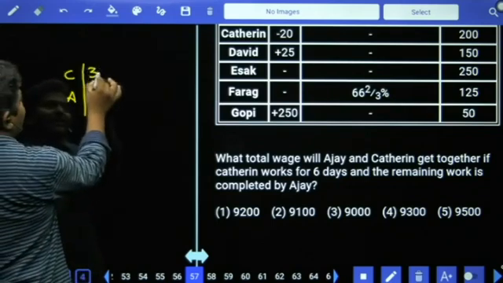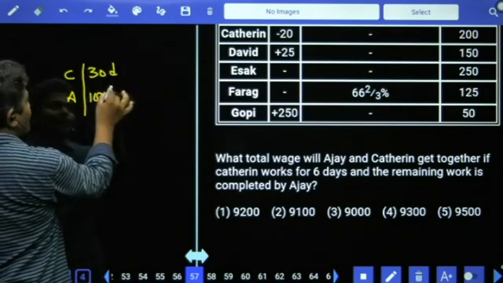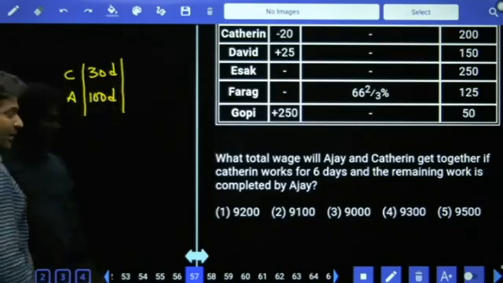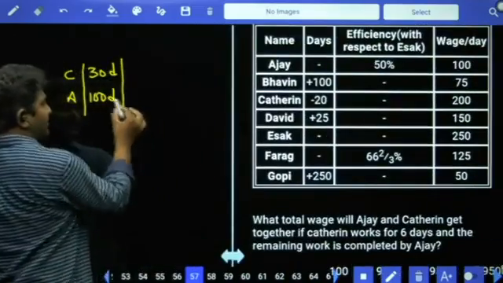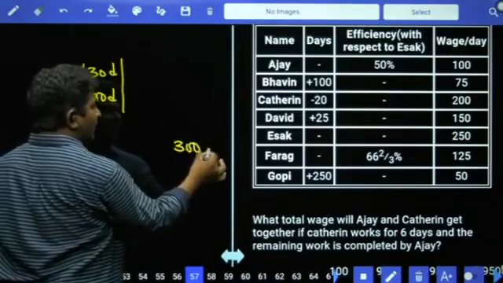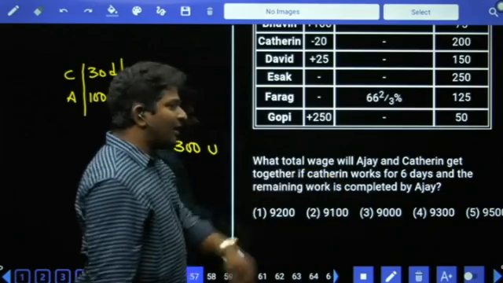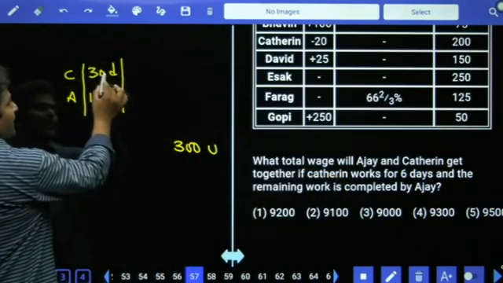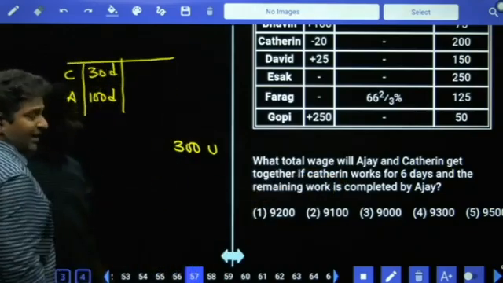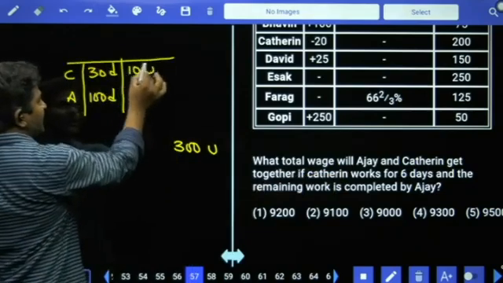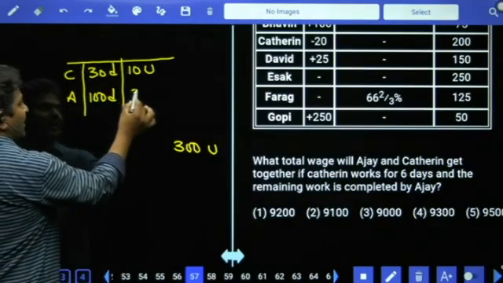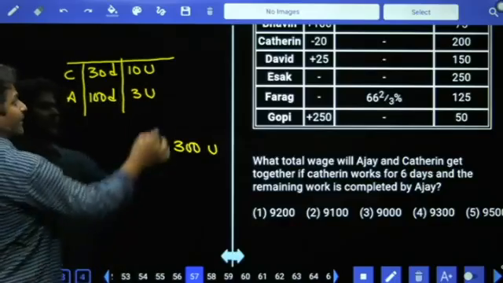So, Catherine in 30 days, Ajay in 100 days. Now, let us assume total efficiency is equal to 300 units. Per day, Catherine can do 10 units here, and per day, Ajay can do 3 units.